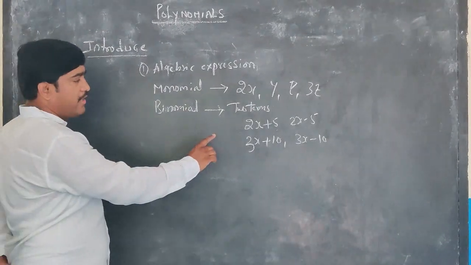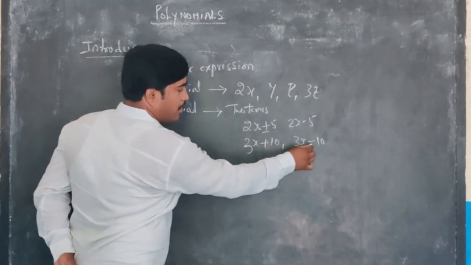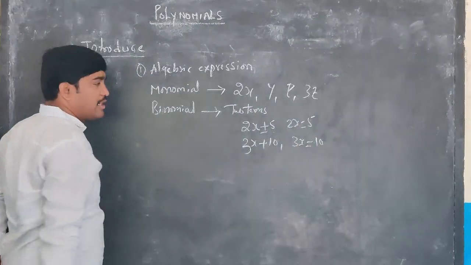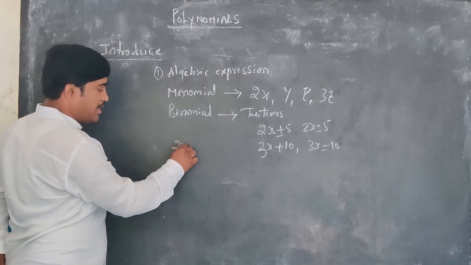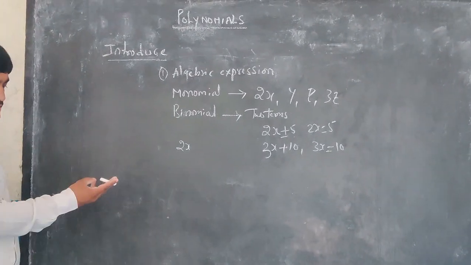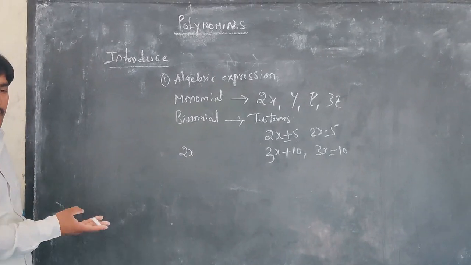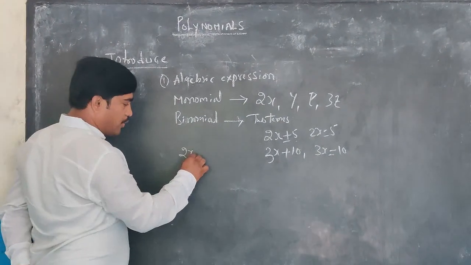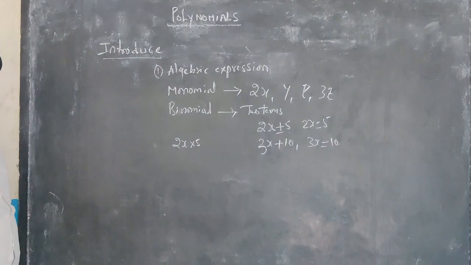Now if we add any term using the plus sign or minus sign, the terms will continue. In mathematics we have subtraction, addition, multiplication and division. If I go for 2x and multiply it by 5, does it make two terms or not?